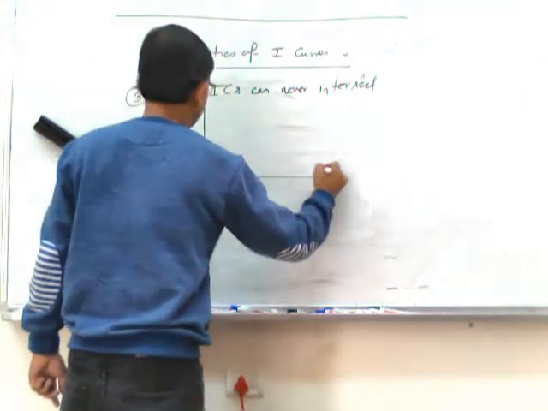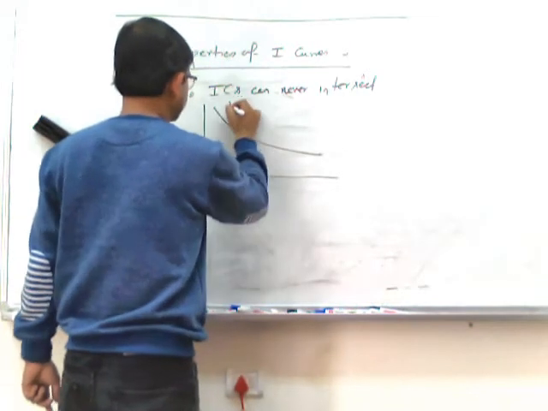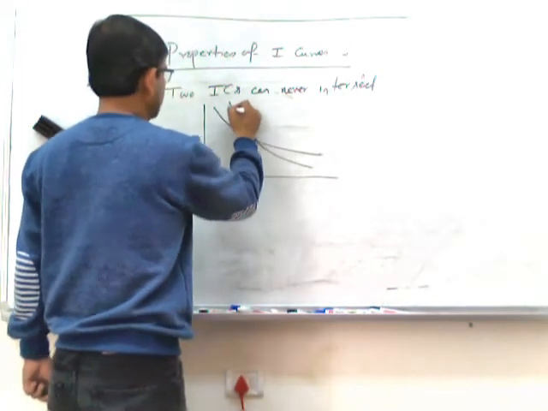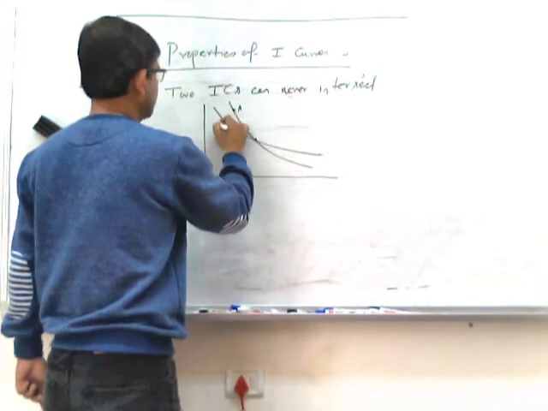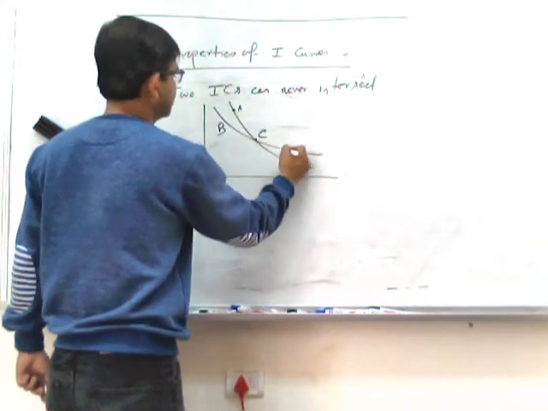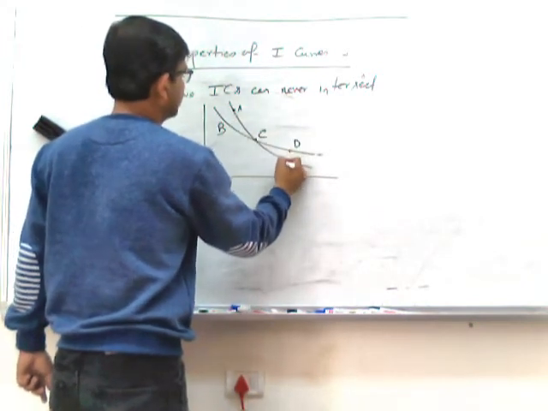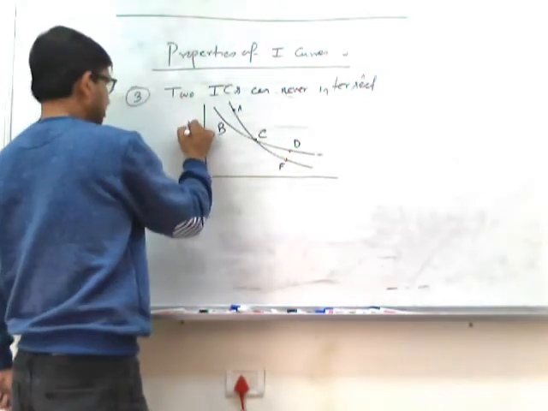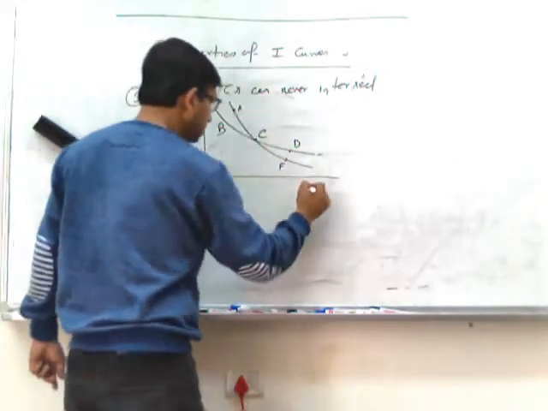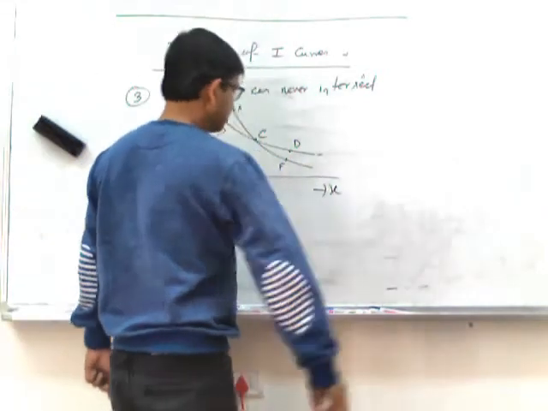So let's draw two indifference curves. This is A, B, C, D, F. On the vertical axis we are measuring Y, on the horizontal axis we are measuring X.